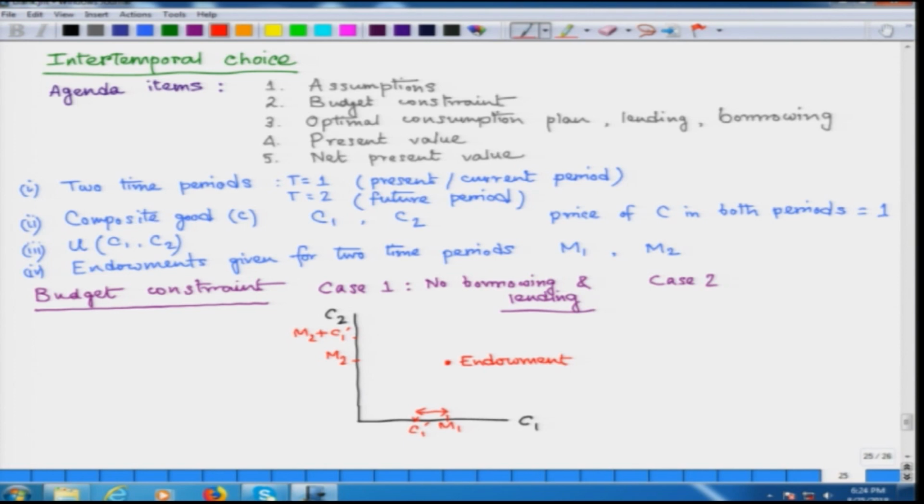Now, one can also assume that the entire money income M1 in period 1 could be saved and used for consumption in period 2. If that happens, we get an even higher intercept along the future consumption axis.